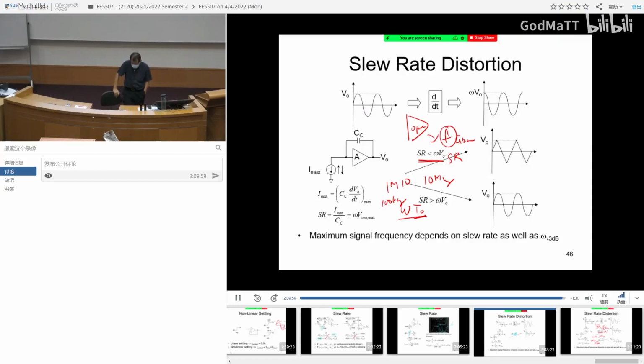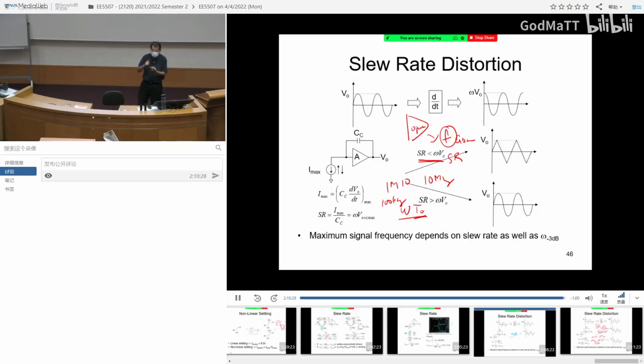They think that frequency behavior is only related to bandwidth. But for an op-amp, the slew rate can also affect how high a frequency it can go. A lot of students think slew rate is only related to settling behavior, but it actually can affect the signal distortion. So when you look at the op-amp, to determine the maximum frequency that it can operate, you always have to look at two factors, bandwidth and the slew rate.